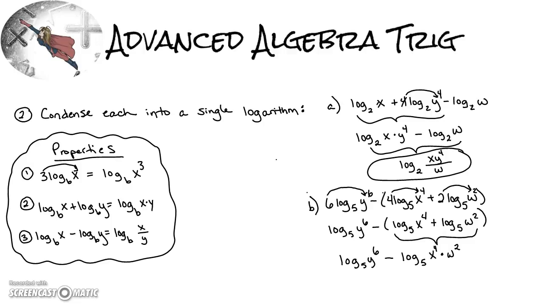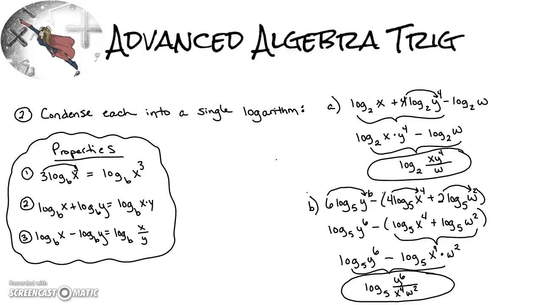And so the only thing that's left is subtraction. And we know from our properties that if we have subtraction, we can divide the first thing, so y to the 6th, divided by the second part, which is x to the 4th w squared. So it becomes just like this for the final answer.